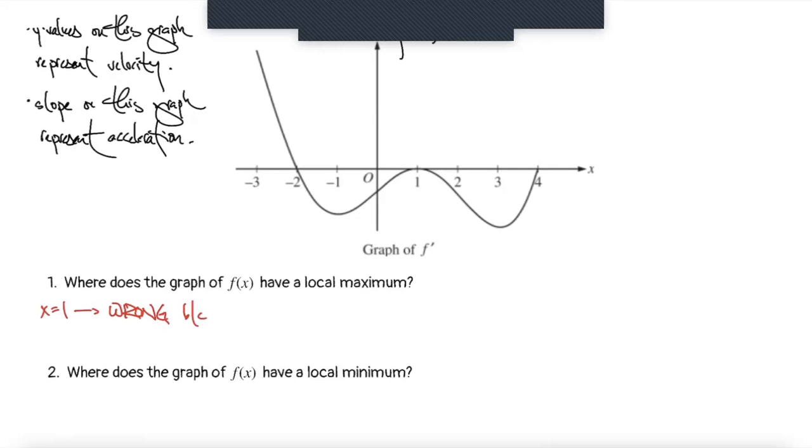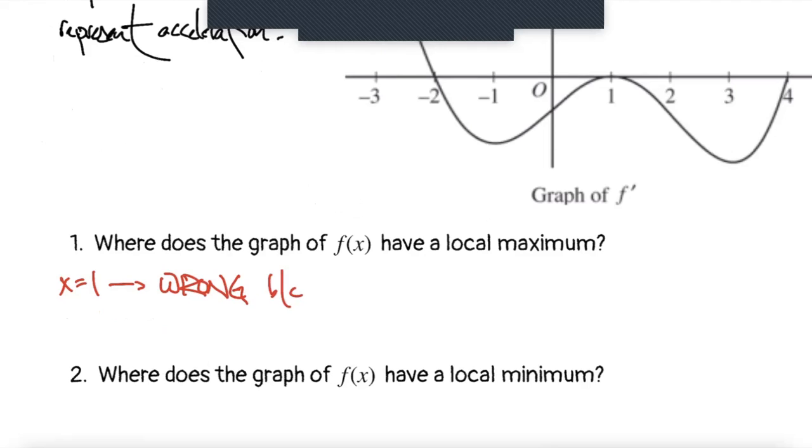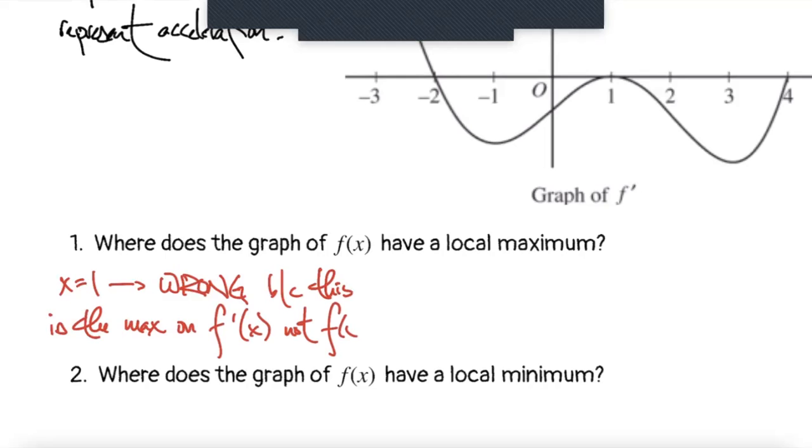Okay, so that is something we really want to make sure of, that we're reading things correctly. This doesn't say find when the graph of f prime has the local maximum. It says when does the graph of f have a local maximum. So x equals 1 is wrong because this is the max on f prime of x, not f of x.